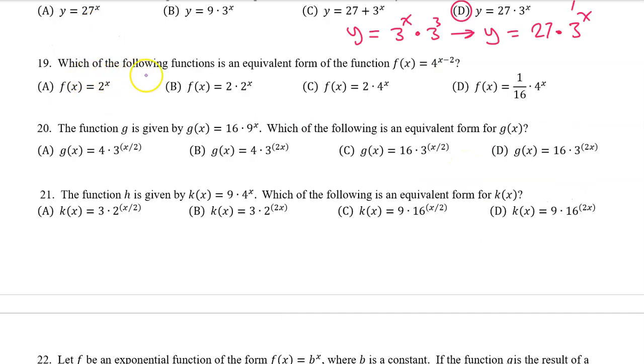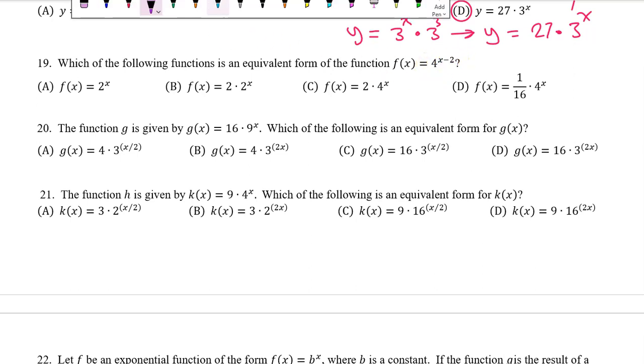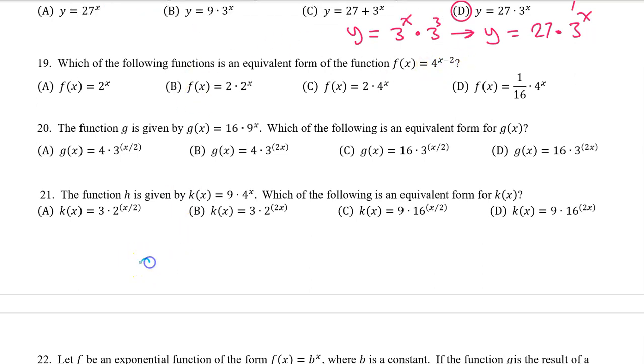Number 19. Which of the following functions is an equivalent form of the function f of x equals 4 to the x minus 2 power? Well, this is almost the same as, remember when I said c to the a plus b power? Well, we can easily write c to the a minus b power.